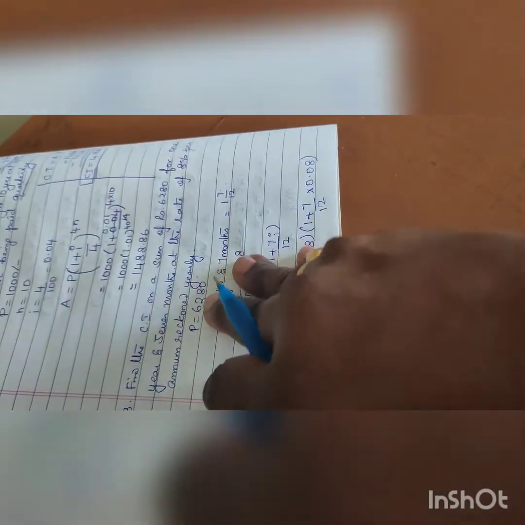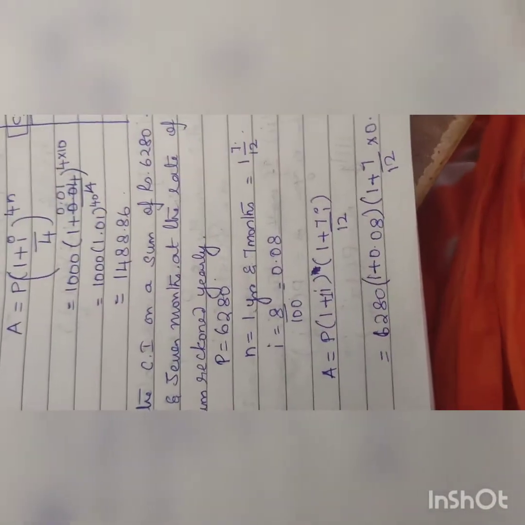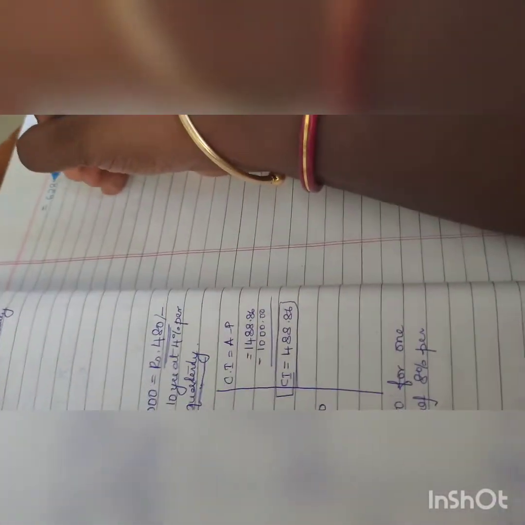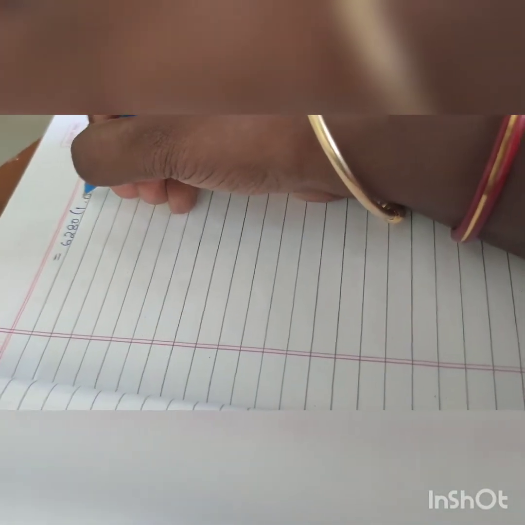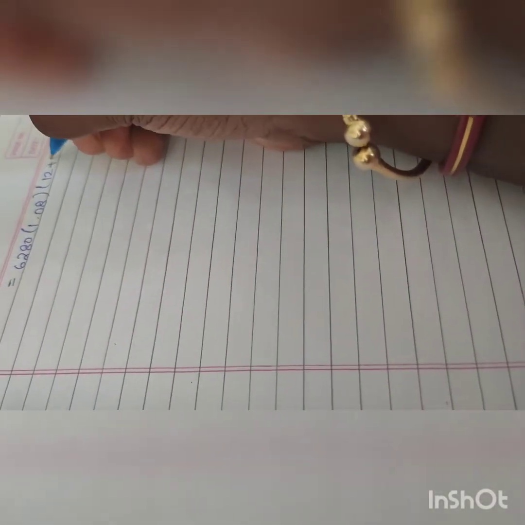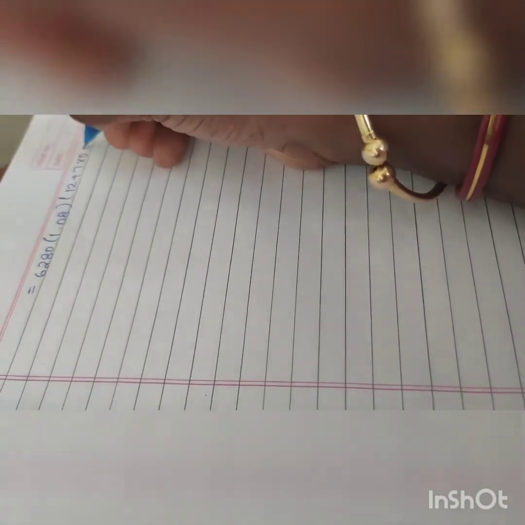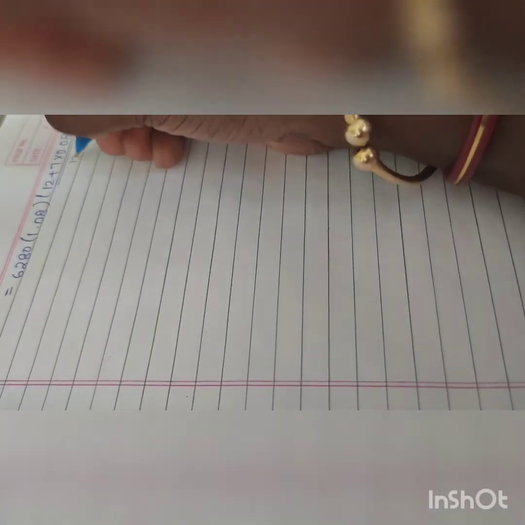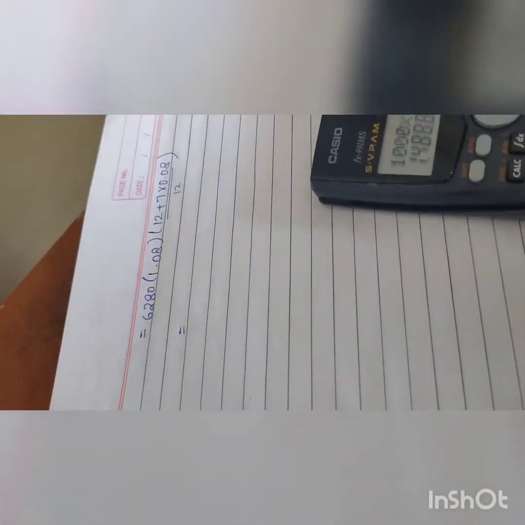Okay, so I'm going to open my book and calculate. So here you have 6280 into 1.08 into 12 plus 7 into 0.08 by 12. No need to do so much calculation, you can directly do it in the calculator itself.